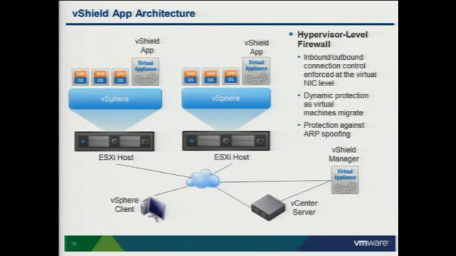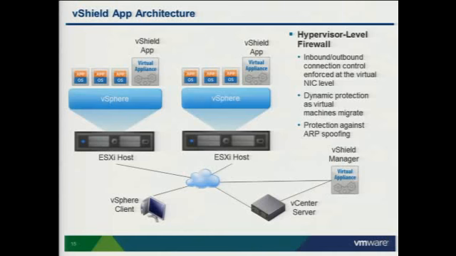So why don't we move the security layer down to the hypervisor layer rather than basing it on the OS level? And that's what vShield App is designed to do. What it allows you to do is set your firewall policies at the virtual NIC level, as opposed to having to do it at the physical NIC or out to a physical firewall and then bring your traffic back in.